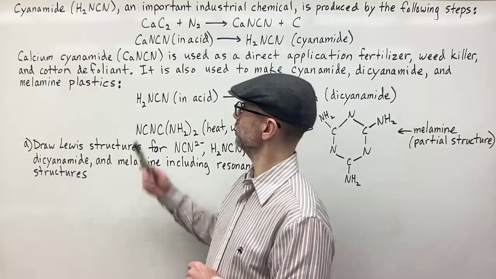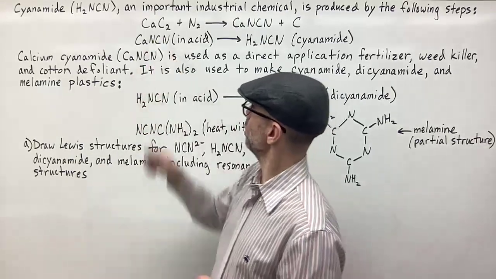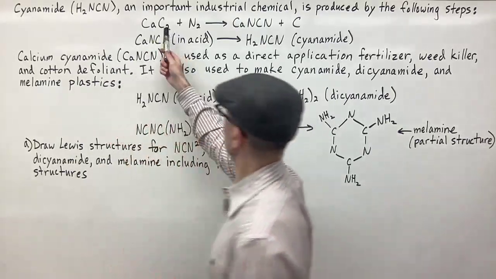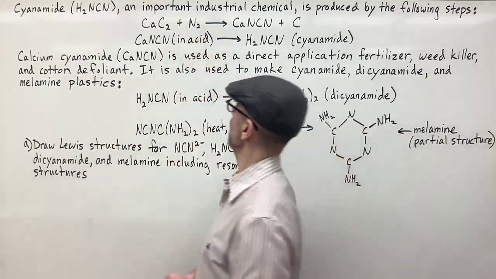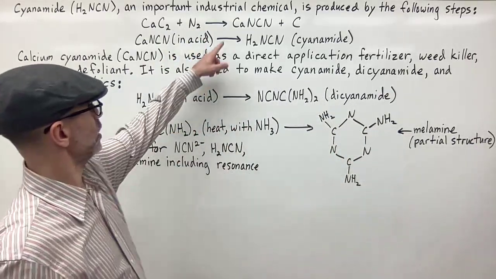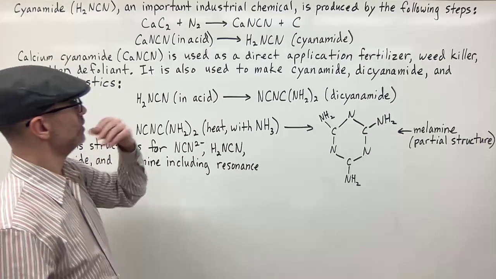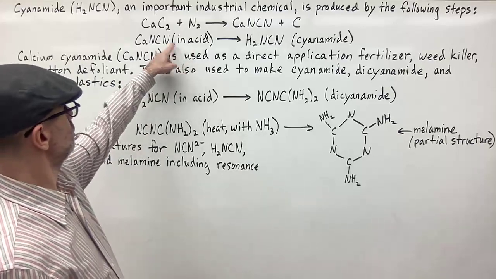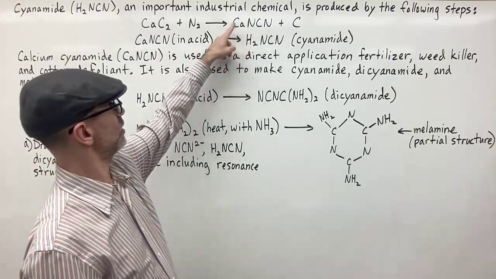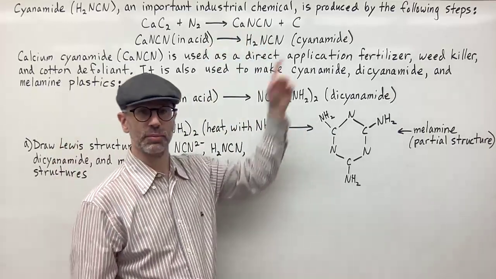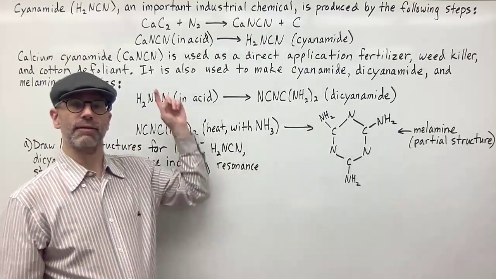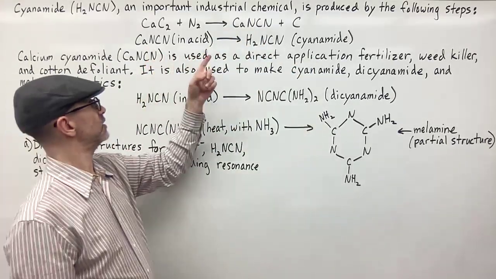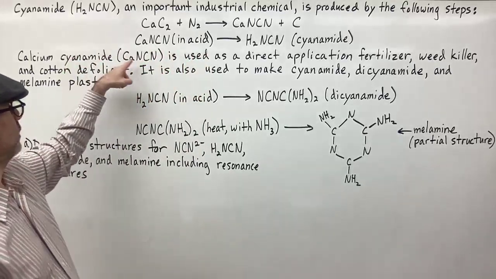The first step is we have calcium carbide reacting with nitrogen. That's going to give us our calcium cyanamide, that's our CaNCN, plus some carbon. And then we have our calcium cyanamide here.